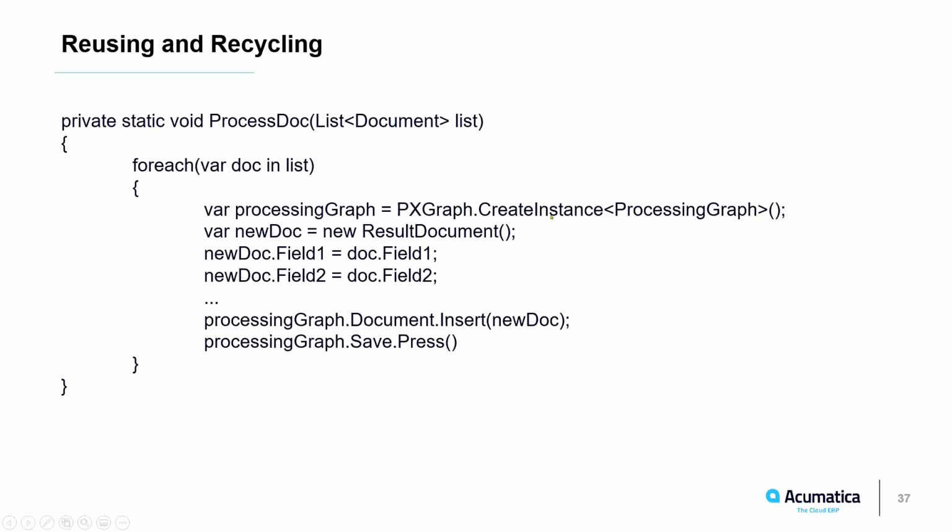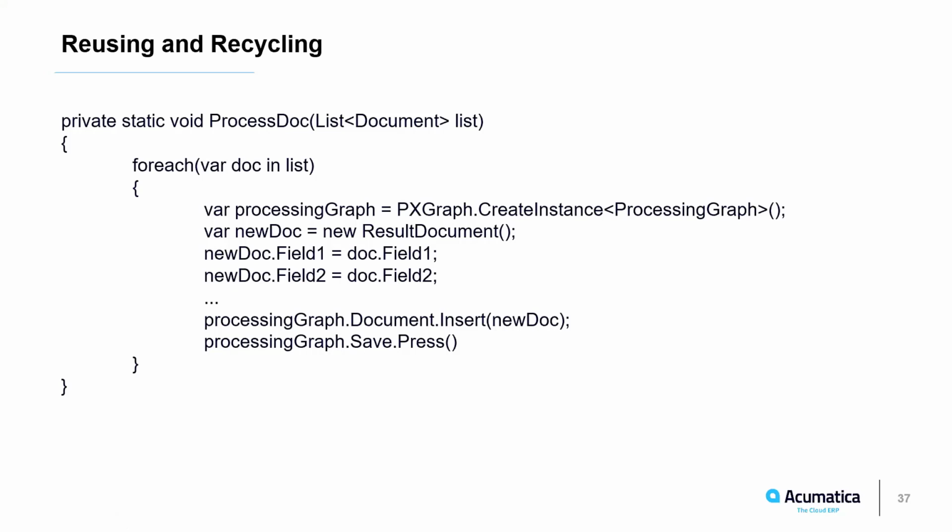So when you instantiate a graph, it instantiates all the caches, it finds all the data access class extensions, it finds all the graph extensions, it checks whether those are active or not, whether you have access to that or not, and stuff like that. It's a lot of things that are happening. And of course, those are taking time.